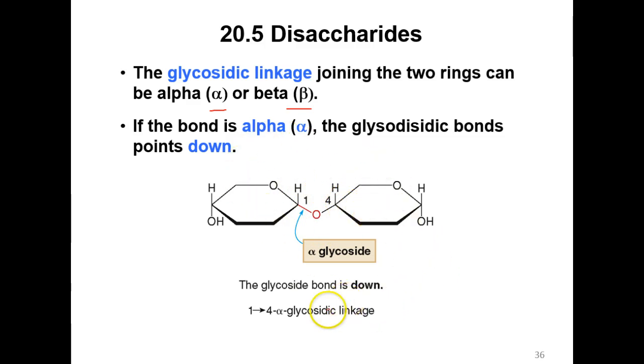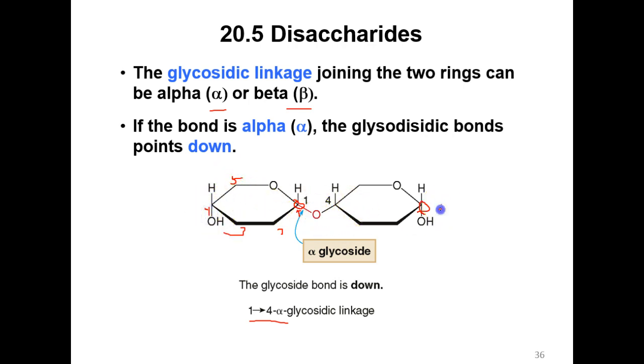Okay, names, just to kind of give you some nomenclature, 1,4 alpha glycosidic linkage. All right, the 1 carbon is the anomeric carbon. Remember, this is the anomeric carbon. On this molecule, the anomeric carbon is here. And there's the anomeric carbon there. So it's 1, 2, 3, 4. So that technically would be carbon 5.